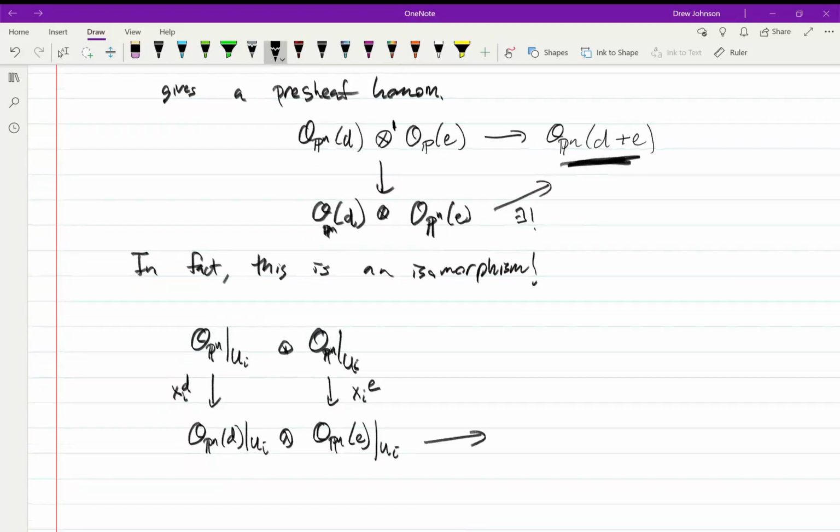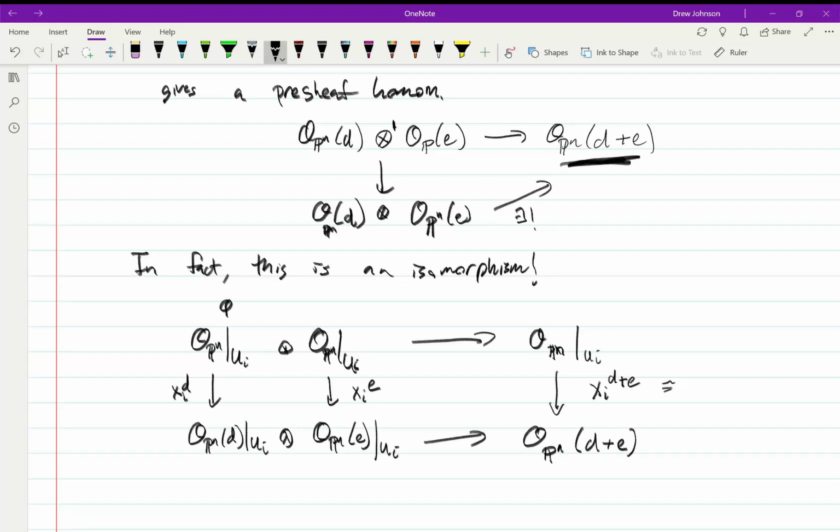And then we have the map that we're interested in right now, O_{P^n}(d+e), which is the same map as over here, just with the special case of 0. What's this map here? This is just x_i to the d plus e, and we know that's an isomorphism. So all these vertical maps are isomorphisms.